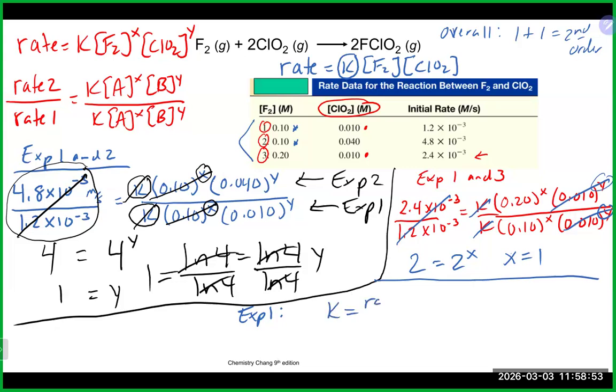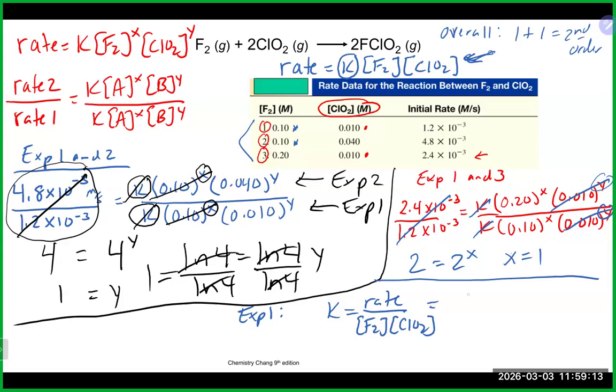So K would equal the rate divided by the concentration of F2 and ClO2. That is obviously rearranging this equation and dividing everybody to the other side, the top equation there. Like I said, you could literally choose any entry in the table.